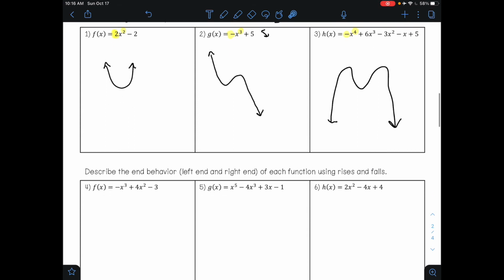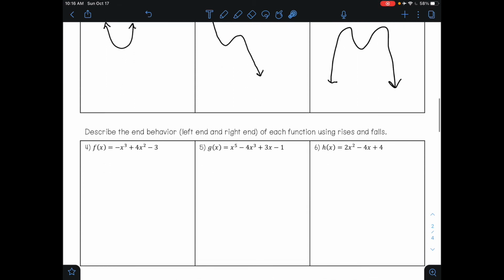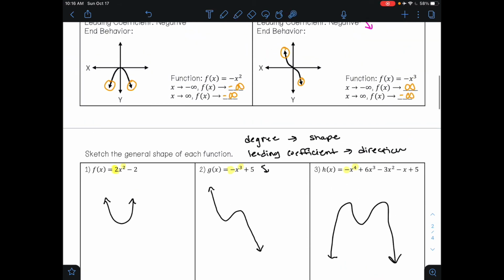If we look down here at example 4, it says describe the end behavior, left end and right end, of each function using rises and falls. So instead of using the end behavior notation we typically use for functions, saying this goes to negative infinity and this goes to negative infinity, it's pointing down, so I would just say the left side falls and the right side falls.